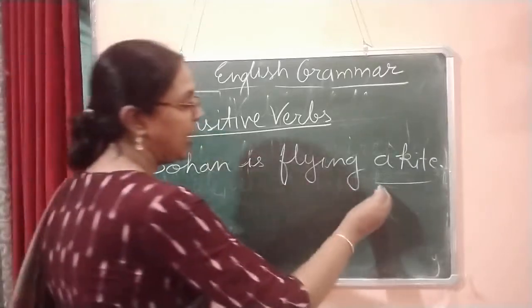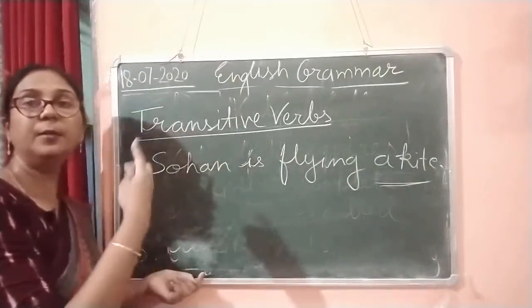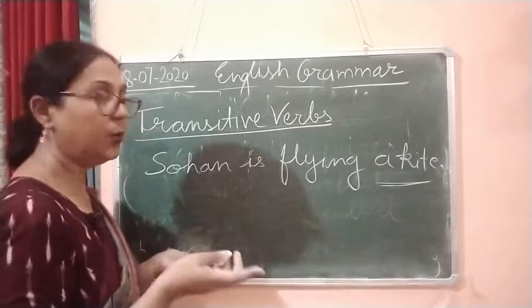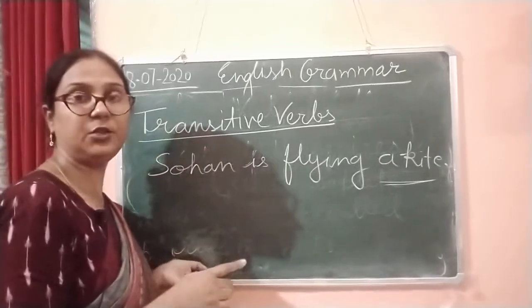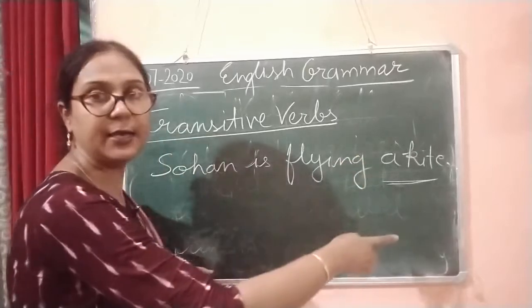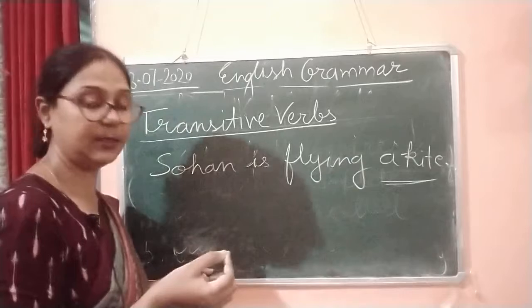So if I add a kite to this sentence, it becomes complete and it gives the meaning also. So here from the definition we can understand that Sohan is flying a kite. It gives the meaning of the sentence.